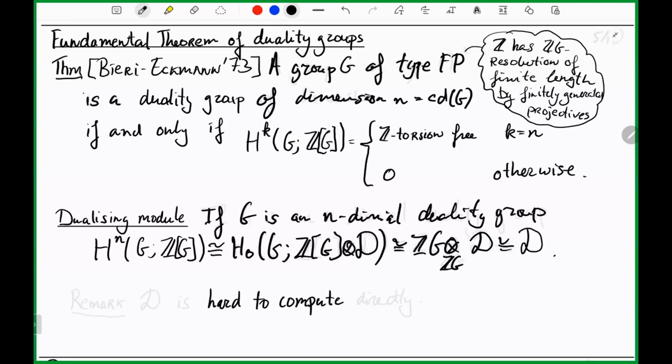So you just get D. So this gives you an abstract characterization.